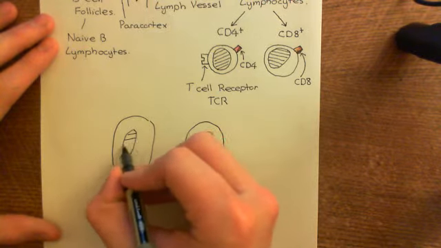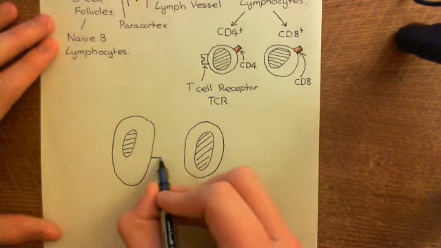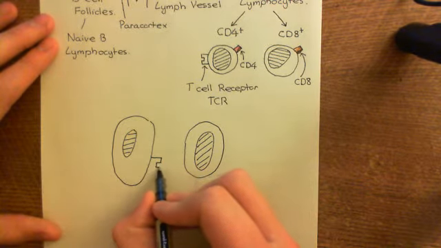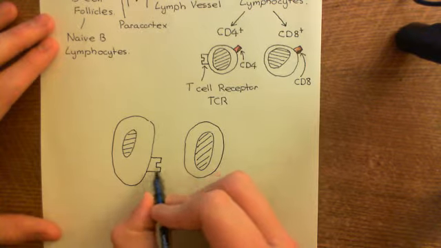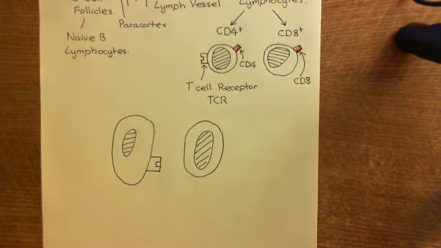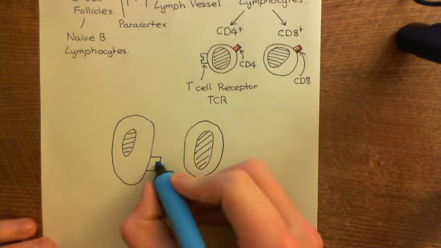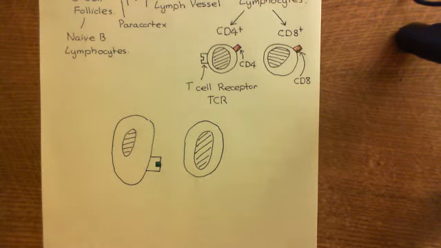Okay, right. So this professional antigen-presenting cell has got the antigen fragment on the surface of MHC class 2. Okay, so here's the antigen fragment here, and it's bound to the major histocompatibility complex class 2. So the antigen fragment is there in blue.